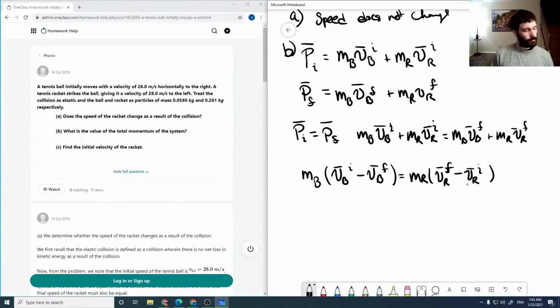And we can see here, and we know that our VRF is equal to our VRI in magnitude, so our magnitudes are equal. But on the left here, we can see that we have mass of ball times plus 28 meters per second, and then the final speed is minus 28 meters per second.